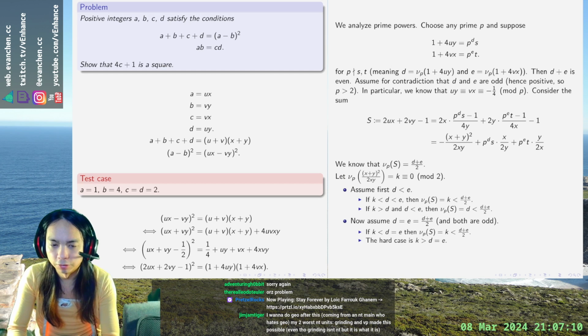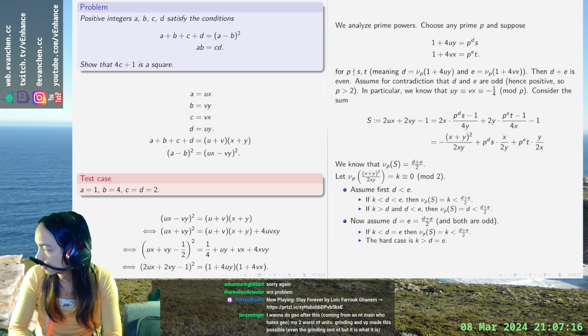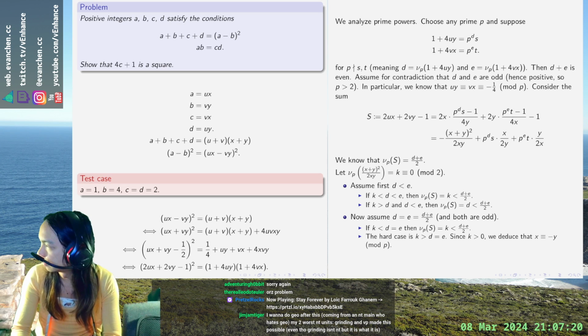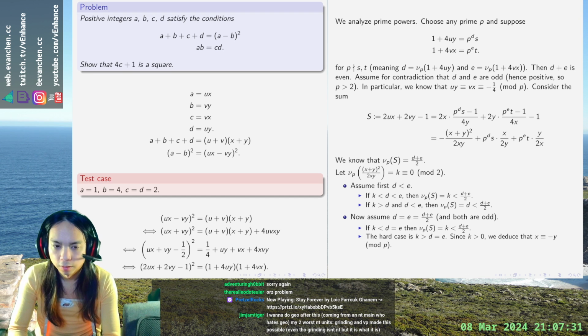We deduce, so we also know that x is congruent to negative y mod p. In that case, s times... we get, this is so weird.